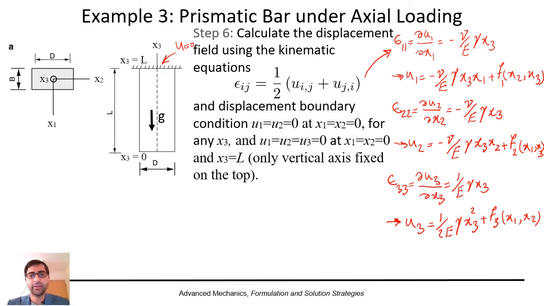So basically u1, u2, and u3 are 0 for x3 equal to L. And also because of symmetry, u1 and u2 are 0 for any point along the line x1 equal to x2 equal to 0.